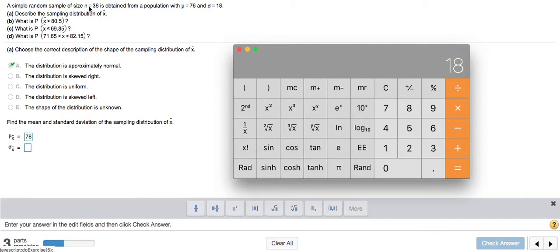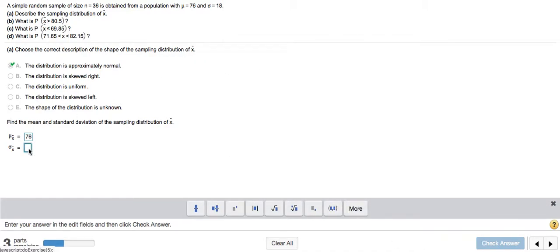Now to divide by the square root of something, you first have to open parentheses, type in the number, 36 in this case, and hit square root, which gives you 6. And then you close parentheses to divide that number into the original one you entered, 18. So I'll click equals, and here I get my value of 3. This is the standard deviation for the sampling distribution. So I'll move this out of the way. I will choose 3, and I'll check my answer.